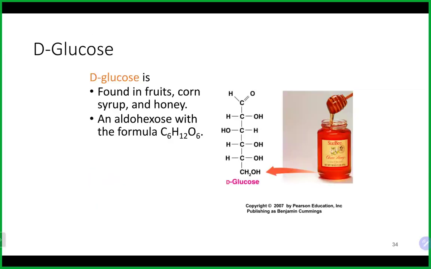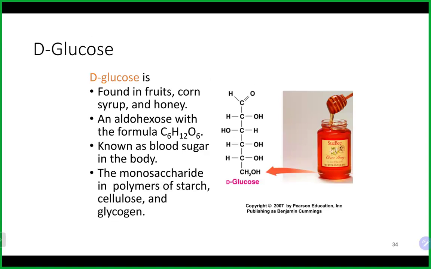All right, so let's talk a little bit about glucose. Glucose, or D-glucose, is found in fruits, corn syrup, and honey. As we saw, it is an aldohexose. It's got the formula C6H12O6. It is what is known as blood sugar, right? Again, we use it in the body for fuel through glycolysis.